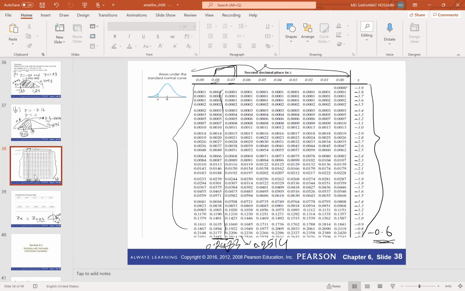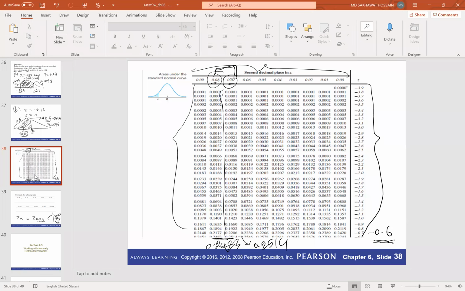Okay. One idea is you have to look at which number 0.25 is closest to. If it is closest to 0.2514, then you will consider 0.07 as the second digit. If it is close to 0.2483, then you will consider this one as the second digit.